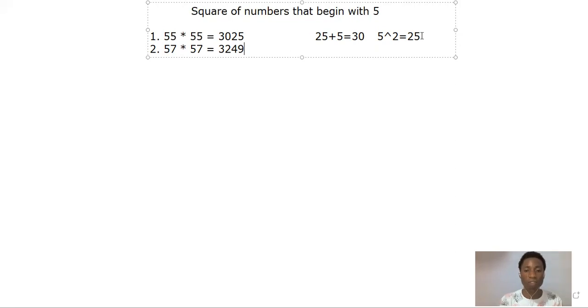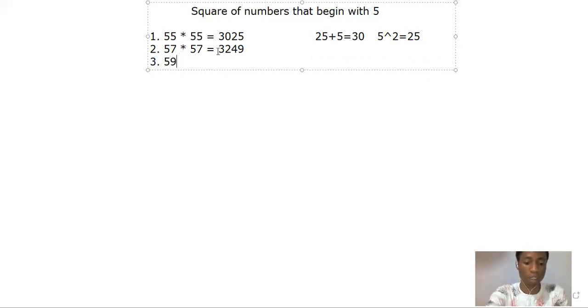So we add 7 to that 25, which will give us 32. Good. Then we will square the 7. 7 squared is 49. Our answer is 3,249.